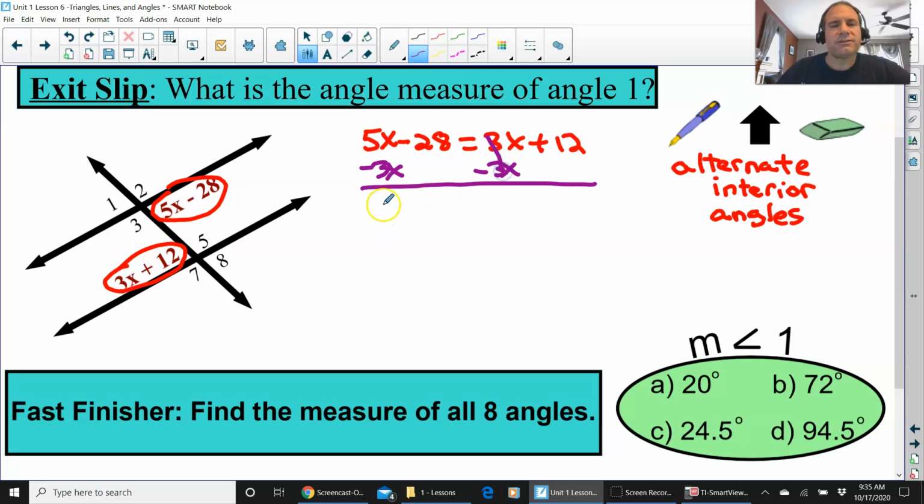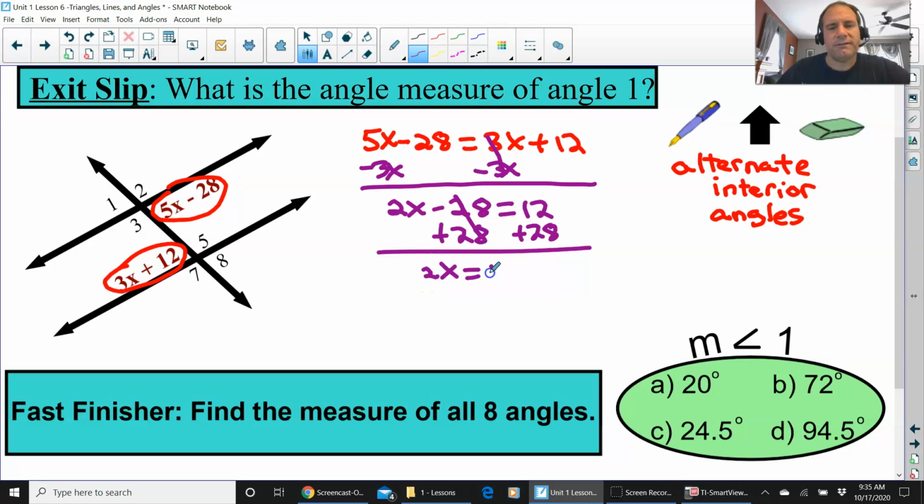You minus 3x on both sides, you get 2x minus 28 equals 12. You add 28 on both sides, trying to isolate that variable. This cancels. You get 2x equals 40. Divide by 2, divide by 2.